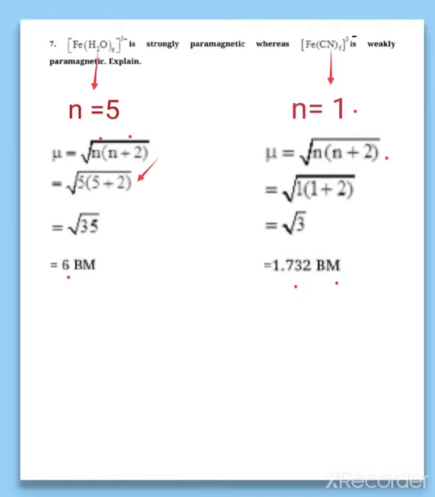So it can be proved by the spin only formula. Here the value is 6 and here the value is 1.7. Which one has the greater value of mu? That is strongly paramagnetic. So this complex is strongly paramagnetic, as given in the question. The other one is weakly paramagnetic. So this question also depends upon the hybridization.